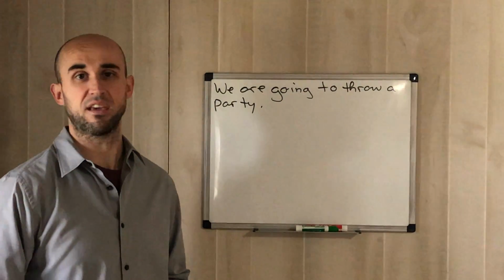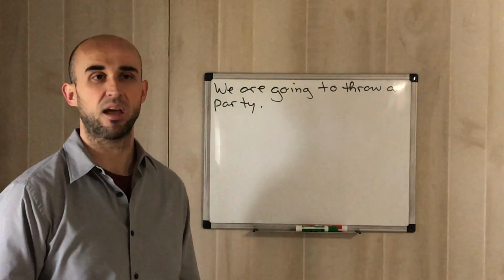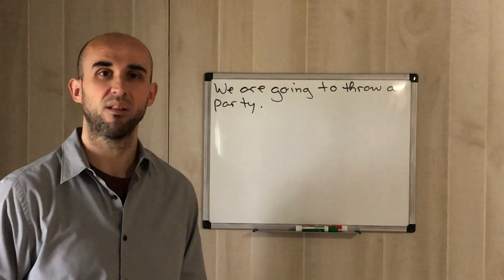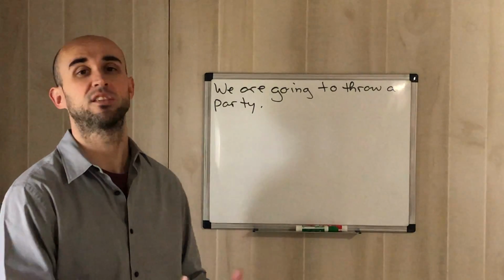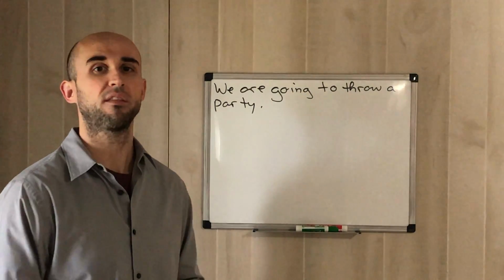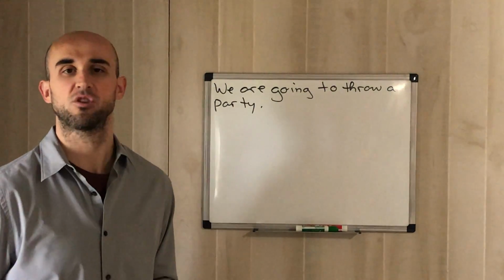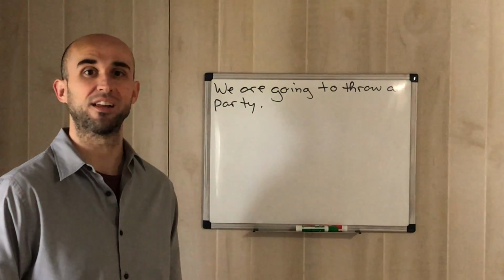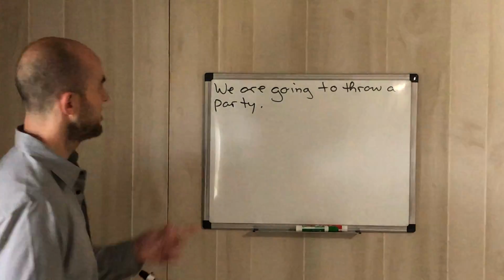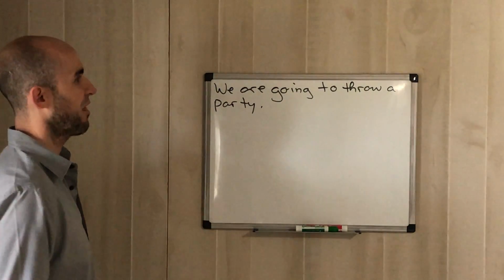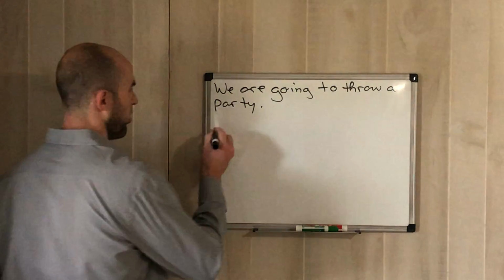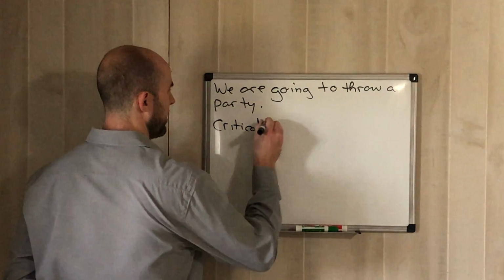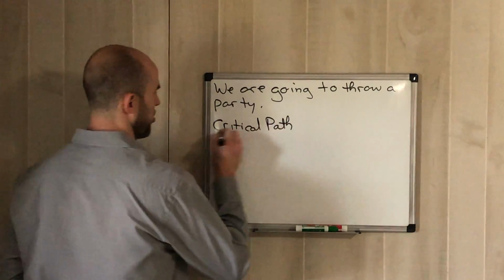It could be making food. It can be a company saying that we need to acquire another company, pay off debts, expand and get bigger. All of these are goals, but what a critical path shows us is the goal you want and all the necessary steps to get there. So let's say ours is that we want to throw a party. Let's create a critical path to show that.